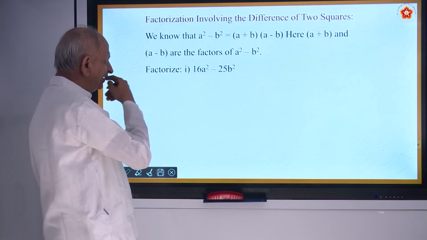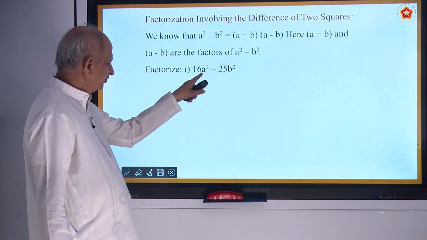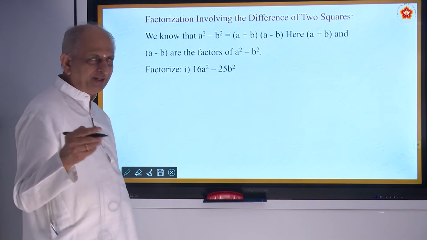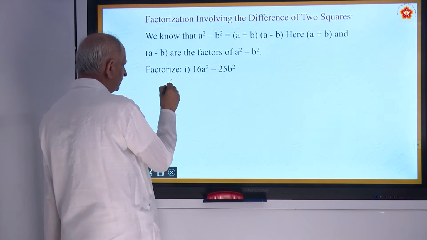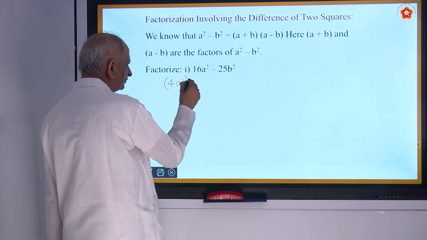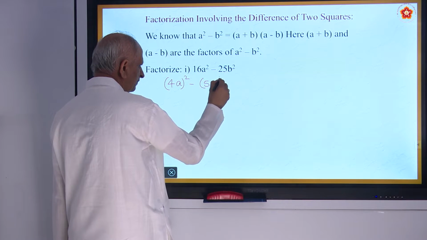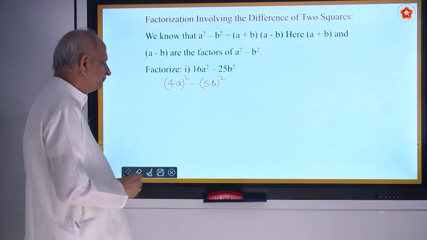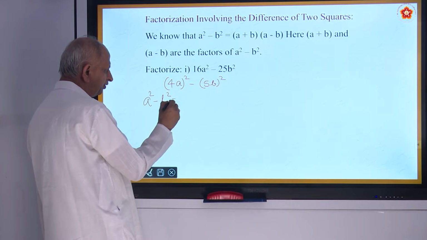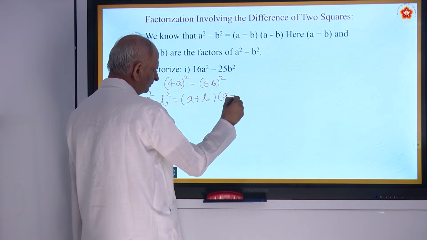In this type you are working now. For example, here is a question. 16a square minus 25b square. And how do you get 16? The factors of 16 is 4 and 4. So 4a whole square. This is 5b whole square. Now you apply the formula. What is the formula? A squared minus b square is equal to a plus b into a minus b.